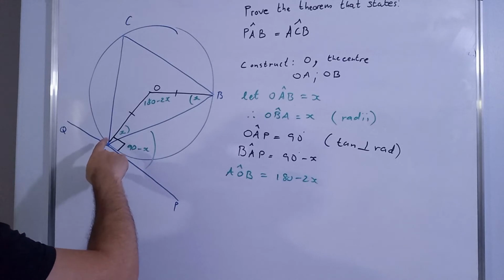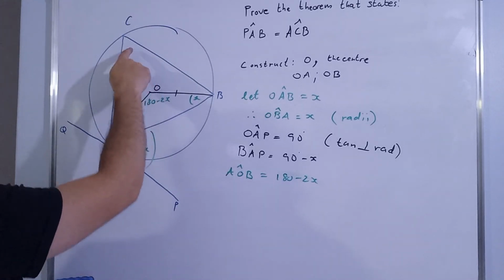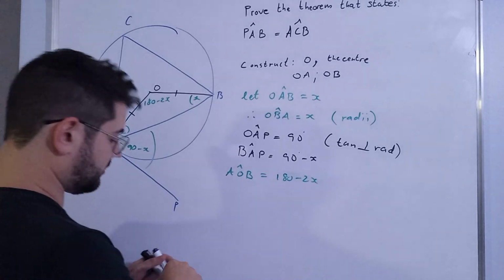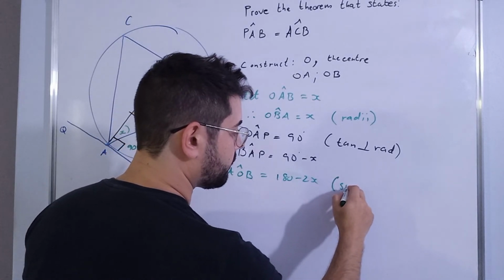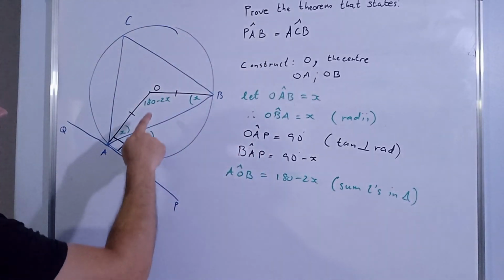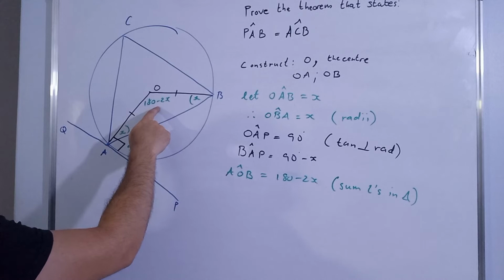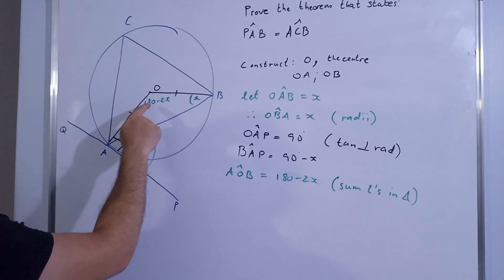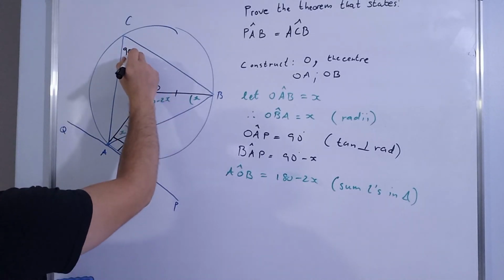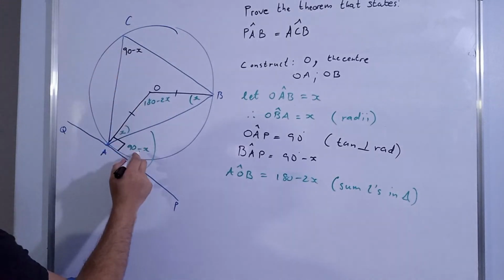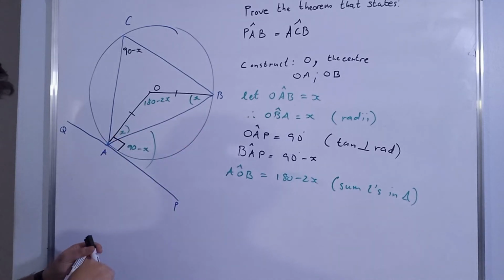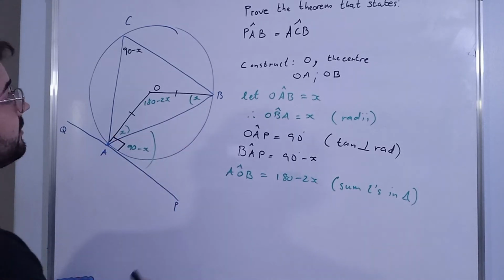And then finally, we are going to take this back to the circumference here. And we have to have a reason here as well. So this is sum of angles in a triangle. And now we've got 180 minus 2x over here. When we use angles at the center, we're going to halve that. So a half of 180 is 90, and a half of 2x is x. So this becomes 90 minus x. And you recognize that it's the same as BAP, or PAB, as we labeled it originally. So let's write that out quickly, and our proof is nearly done.